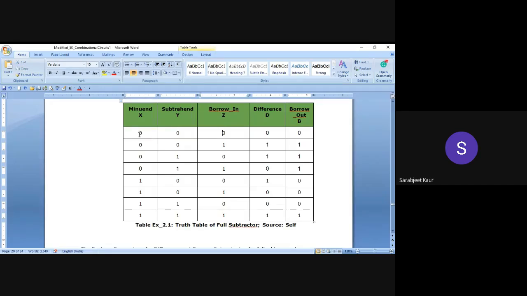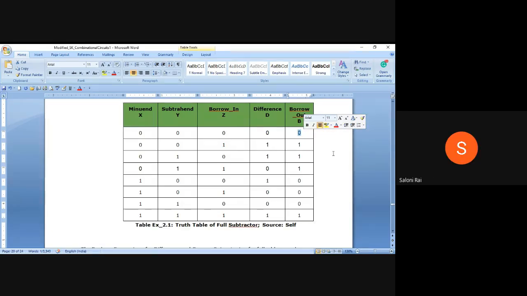In this case, 0 minus 0 gives me a 0, and this 0 that I've just got minus the 0 in the z column gives me a 0 again in the difference. And I did not need to borrow anything, right?